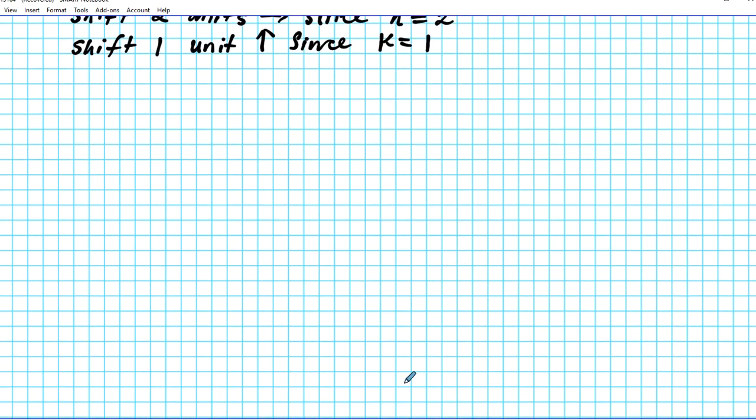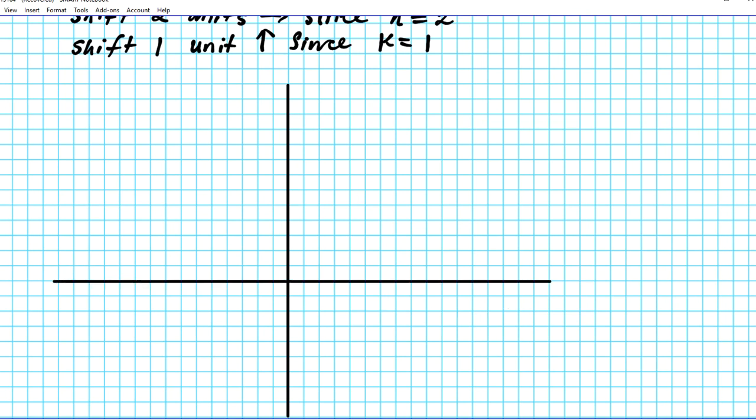Let's set up our coordinate system first. Alright, so we're going to start off by sketching the graph of the parent function, and then we'll go from there.